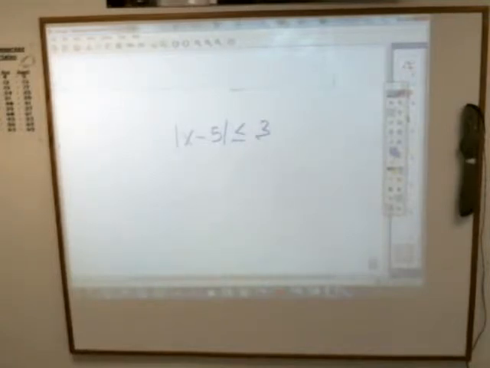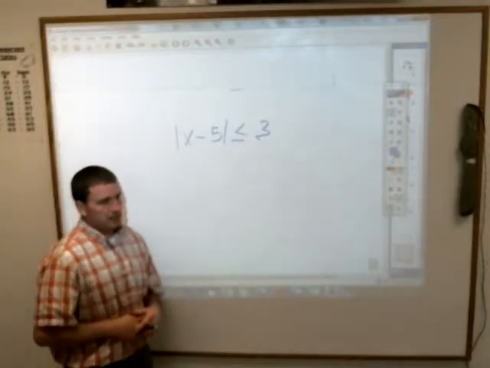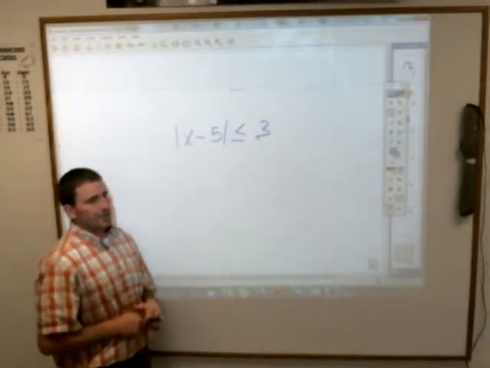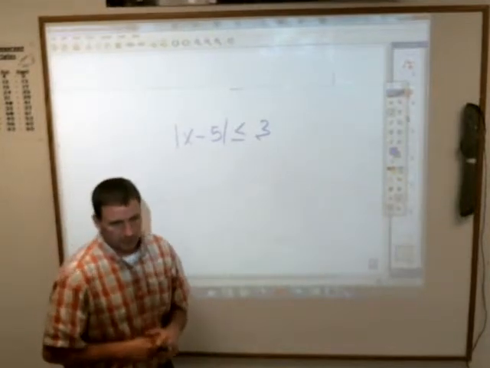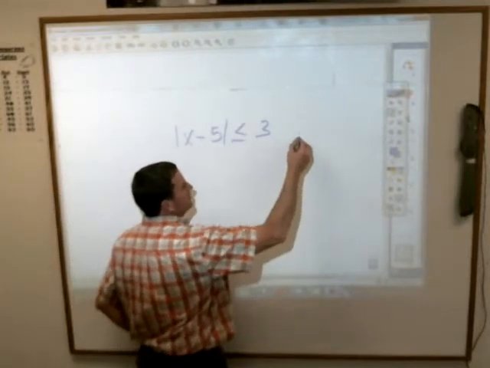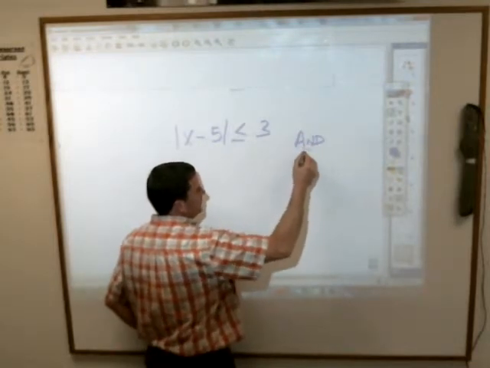First things first, in my mind I would say this is and or, less than is and. Yeah, this is going to be an and one, so in the end, you know that these things are going to come together.